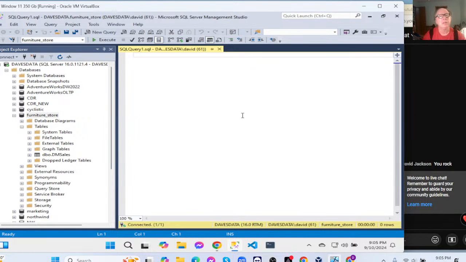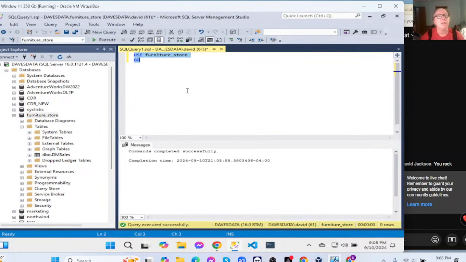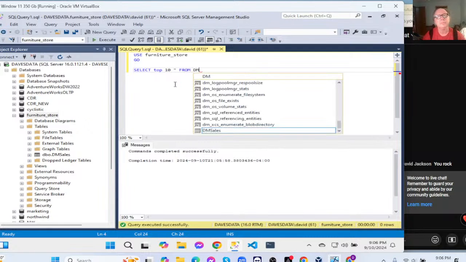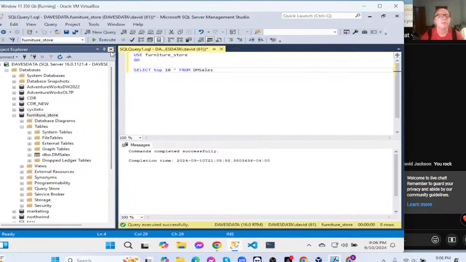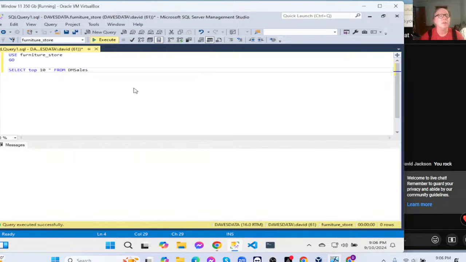Let's go over and look at our data again. We got one table named DM. DM is for data mart, because from my perspective, this is a data mart table. Now this first part isn't necessarily required, but we're going to do it anyway.